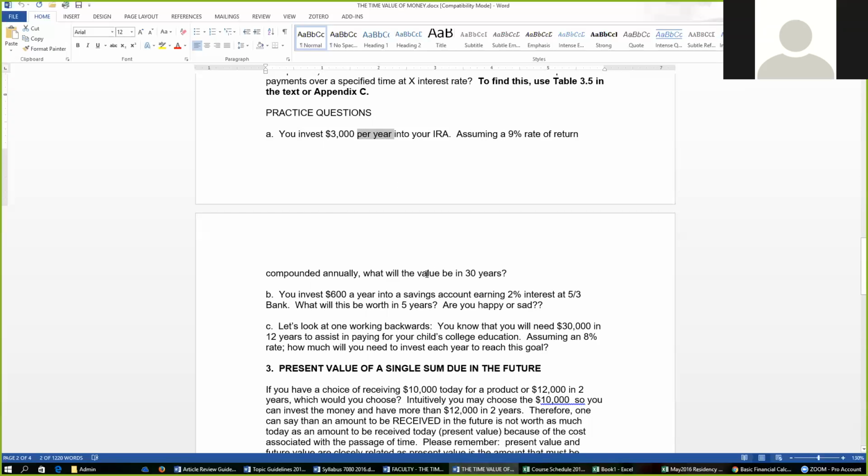Let's see if we can find a textbook problem that's kind of like that and watch what happens with it. Oh, I'm not finding one really quickly that involves an annuity in here.